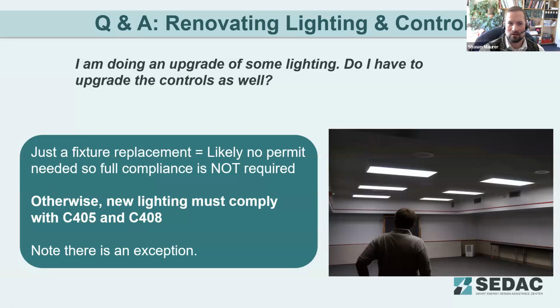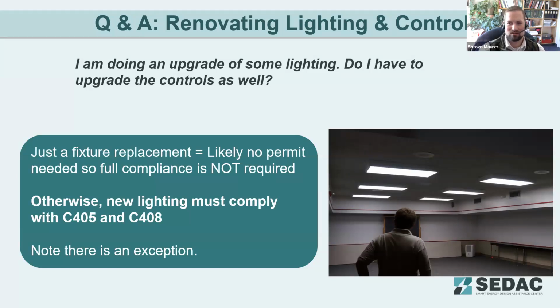So next one, question on doing an upgrade to some lighting. Do I have to upgrade the controls for that lighting? So for this particular question, if you're just doing a fixture replacement for a lighting upgrade, most likely you're not pulling a permit. And so per Illinois statutes in the Illinois admin code, you need to pull a permit in order to trigger compliance with the energy code for a project.